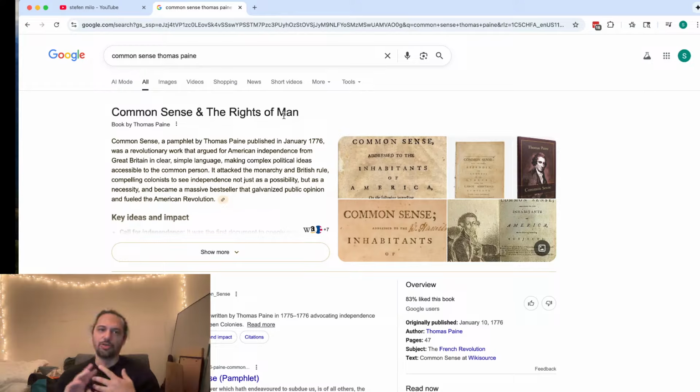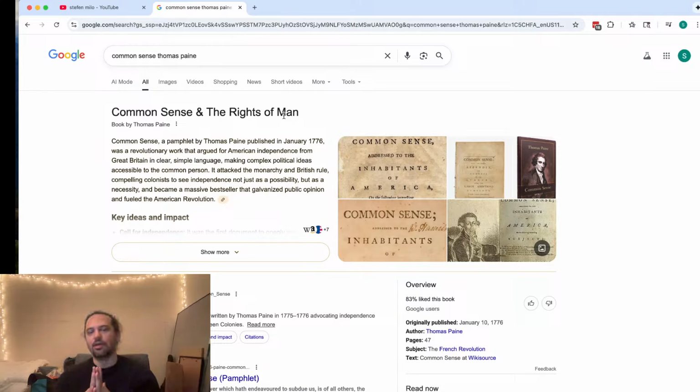Martin Luther spoke truth to the Pope. Then, in the French Revolution, the people of France wrote pamphlets against the French king, and they were inspired in part by the American Revolution, where Thomas Paine wrote this pamphlet against the King of England. Now, what made Common Sense?